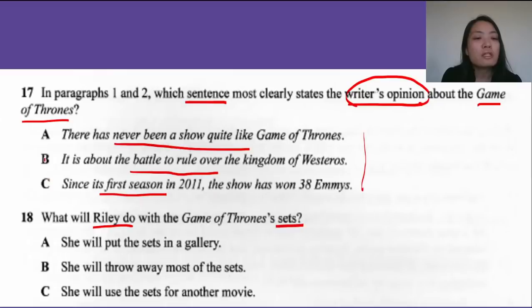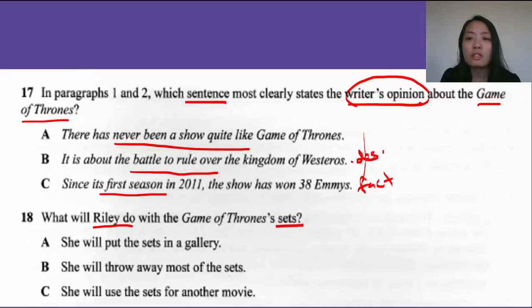So if you look at C and B, what you can see here is that this one is definitely not an opinion. This is showing you some fact that in this first season it has won 38 Emmys. So it doesn't sound like an opinion. Alright. And then it sounds like a description. It is about the battle. It sounds like a description about the series.